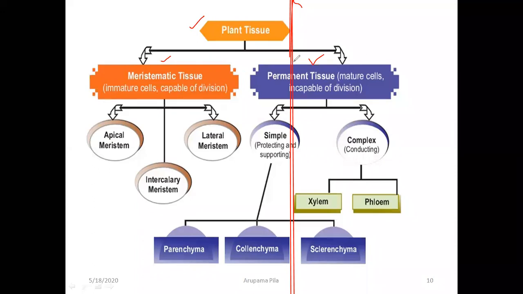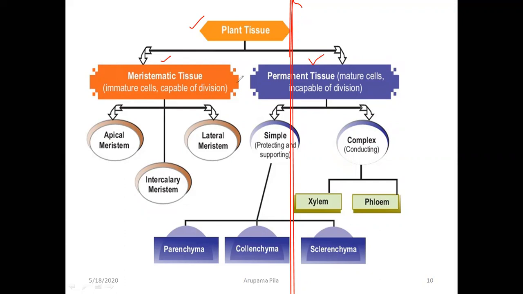And the permanent tissues are made up of mature cells which are incapable of division, and they are further divided into simple permanent tissue and complex permanent tissue. These simple permanent tissues are further classified into parenchyma, collenchyma and sclerenchyma. And the complex permanent tissue are divided into another two types, that is xylem and phloem. So xylem and phloem come under complex permanent tissues.